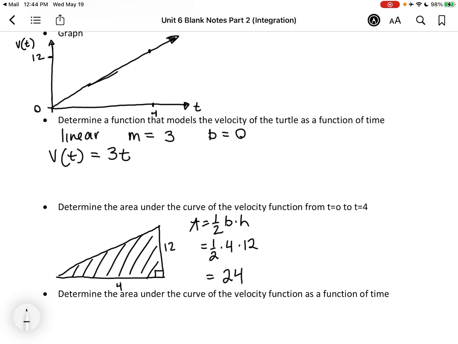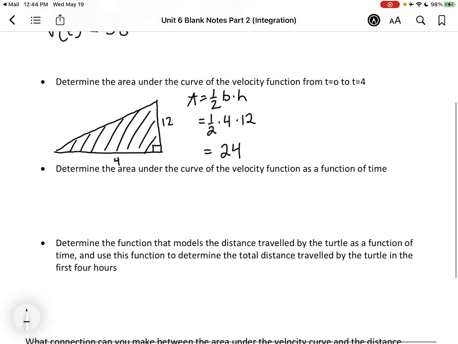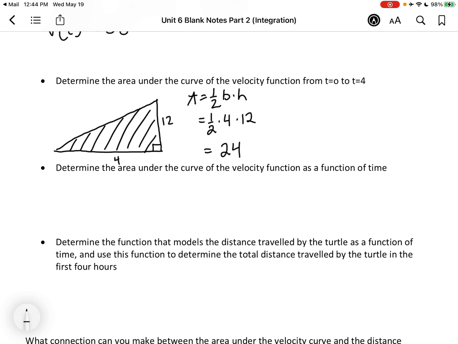Okay? Now, determine the area under the curve of the velocity as a function of time. Okay, so now we actually want a function for area. So let's think about this. We've got this function where v of t equals 3t.